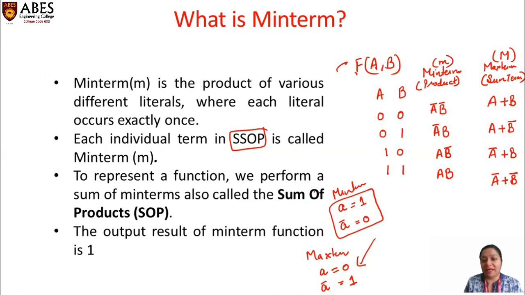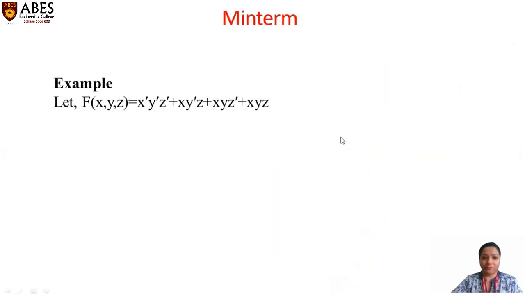We will elaborate on this in further slides. The output result of a min term function is always 1. While forming the K map, we always place a 1 whenever we need to put the value for a min term.